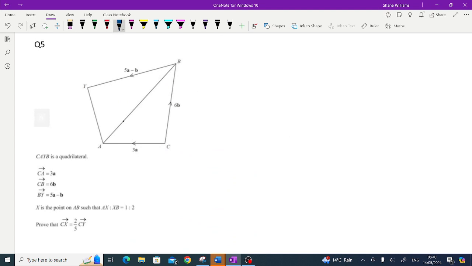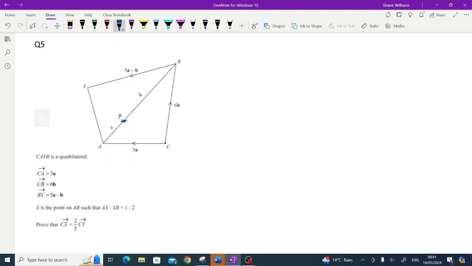Okay, X is a point on AB such that it splits it in a ratio of 1 to 2. So it's a third of the way along. Prove that CX equals 2/5 of CY. So to get from C to X, I need to go via somewhere else.